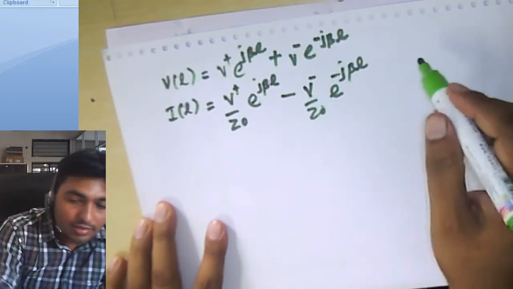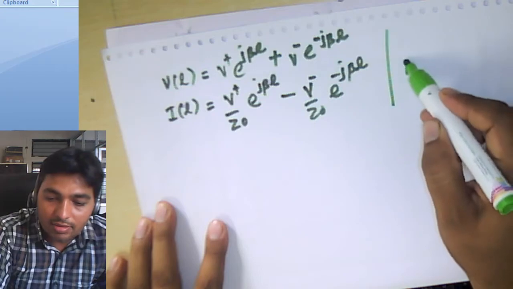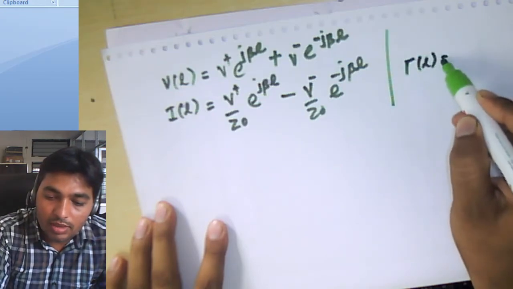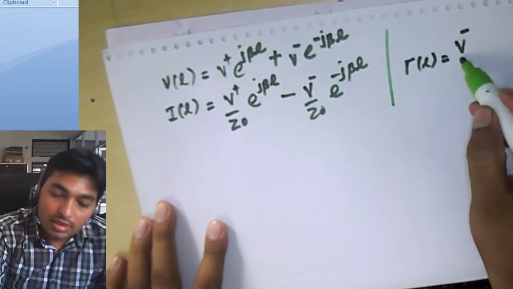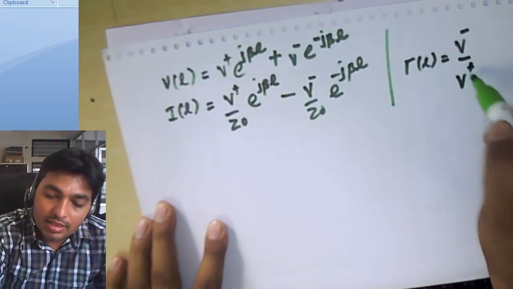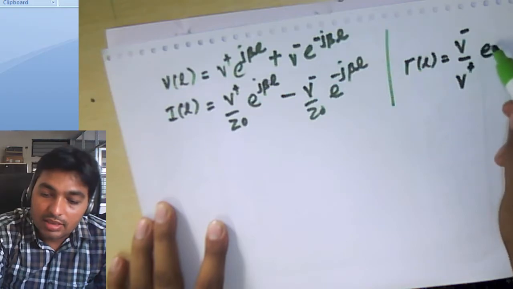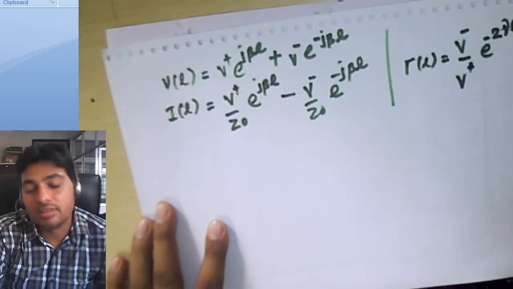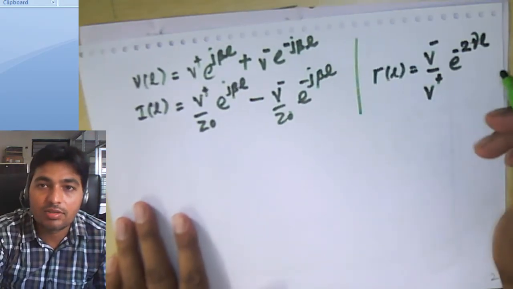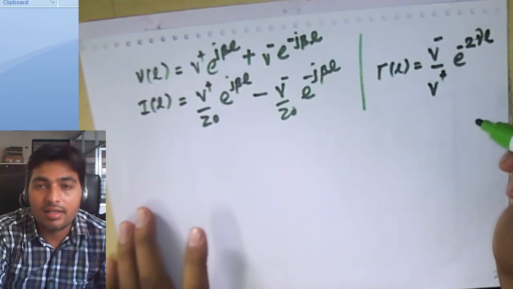Now we have defined earlier the reflection coefficient at any point on the line as the ratio of reflected voltage divided by incident voltage, e raised to minus 2 gamma L. This is the definition of reflection coefficient, defined in the earlier lecture.